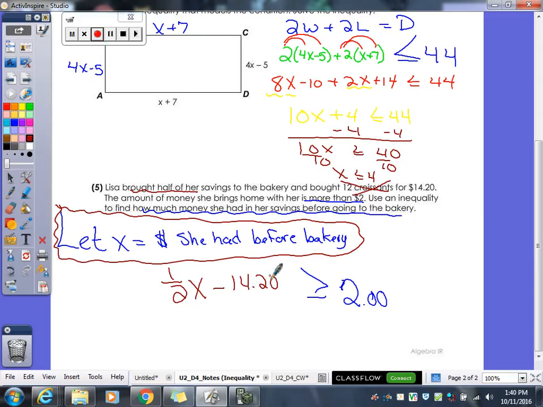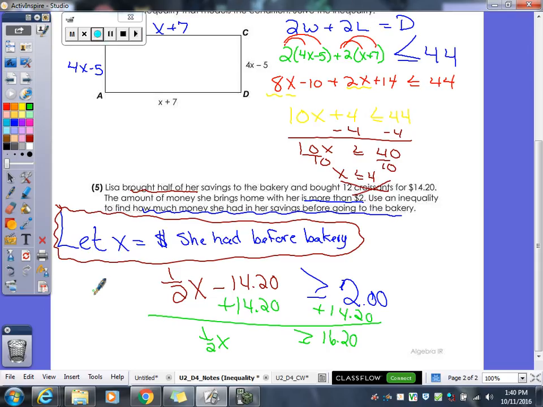But just like you got to kind of dissect it and then put it back into the problem. All right. So now, add what to both sides? Add 14.20. And I get 1/2 x is greater than or equal to $16.20.